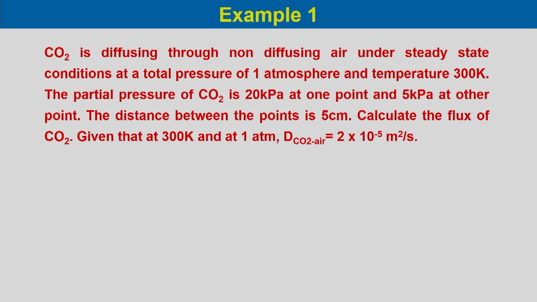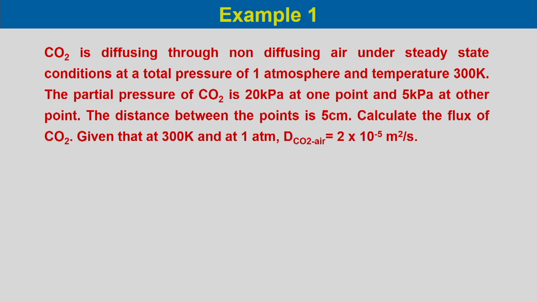Now, let us take an example. Carbon dioxide is diffusing through non-diffusing air under steady state conditions at a total pressure of 1 atmosphere and temperature of 300 Kelvin. The partial pressure of carbon dioxide is 20 kilopascal at one point and 5 kilopascal at another point. The distance between the points is 5 centimeter.